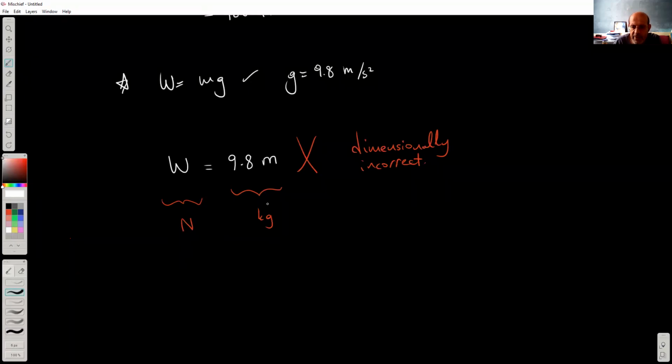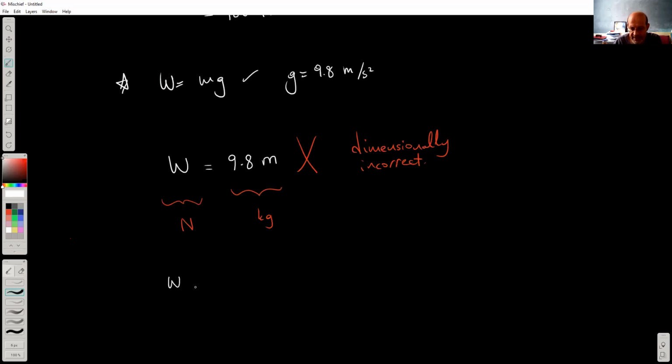There's something wrong in here. If I insert 100 kilograms, perhaps I can get this, but if I use, for example, 100,000 grams, what do I get then? So there's something wrong. Therefore, this is an incorrect formula.